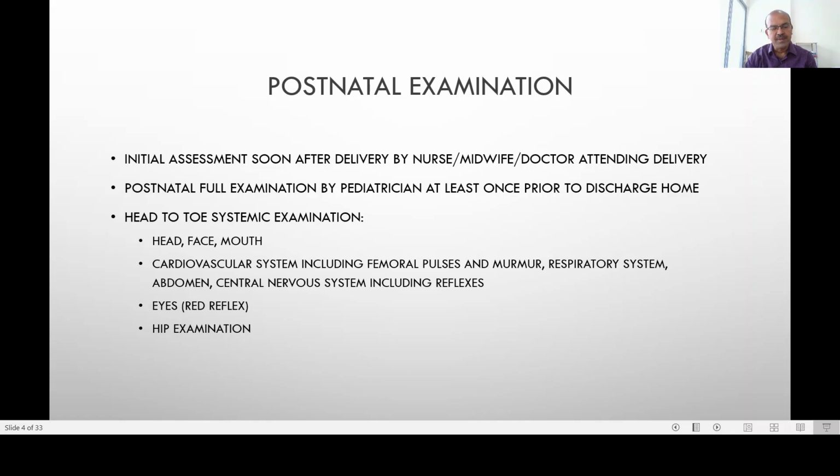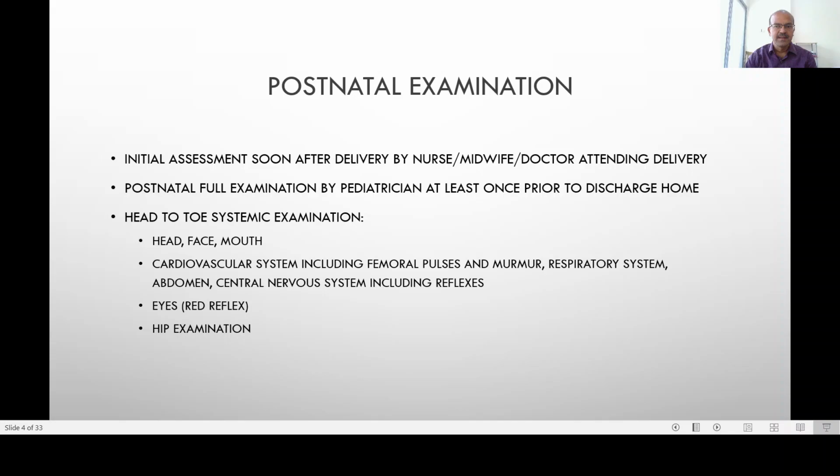So when we talk of head-to-toe systemic examination, we look at the head, face, mouth, ears, and all the structures, the digits of the baby, the extremities in close detail, cardiovascular system assessment including the femoral pulses, the presence or absence of murmur, respiratory system from the point of view of respiratory distress, symmetry of air entry, and so on. Examination of the abdomen for shape, any hernia, and we have to look for organomegaly as well.